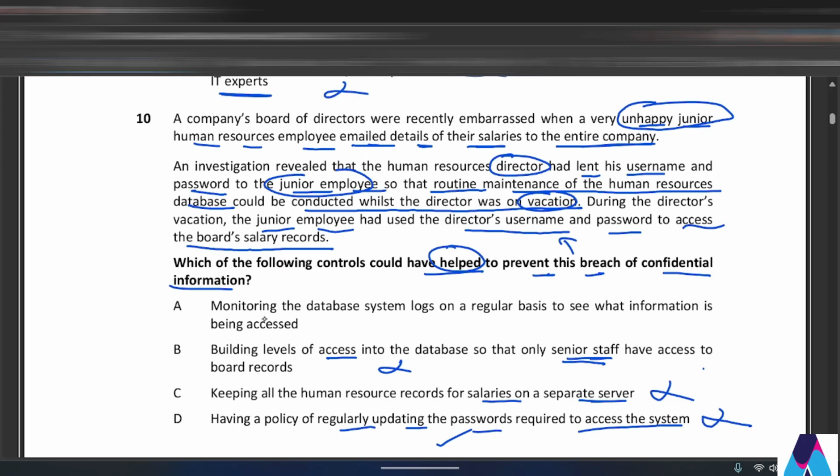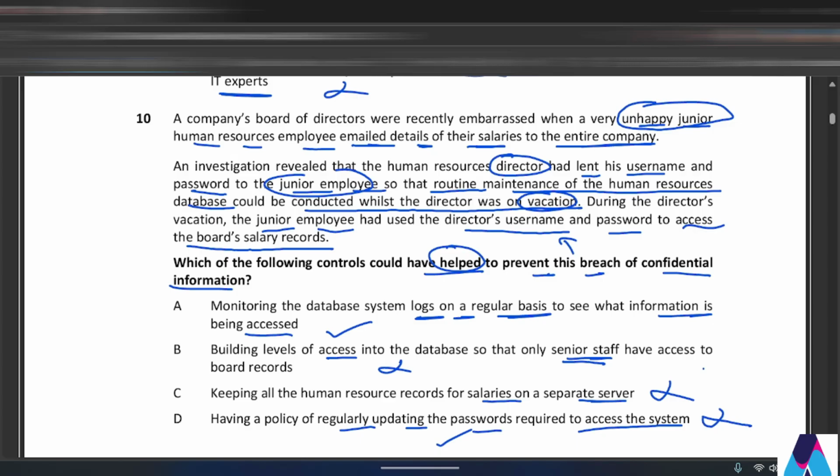Let's read part number A. It says monitoring the database system logs on a regular basis to see what information is being accessed. Now this is correct, because even if my own senior staff hands over the username and password to my junior employee, if I will be monitoring the database, I would immediately know that this senior staff has logged on to the database system, and then I would immediately realize the fact that he is on vacation.